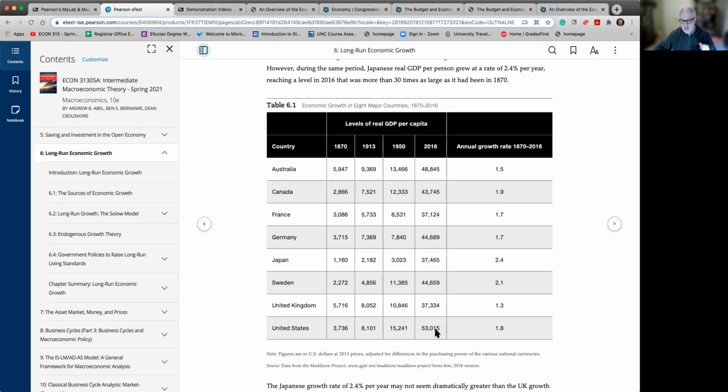So that's a key important point to take away from this chapter, that changes in growth rates of the real economy have big impacts over time on the standard of living.